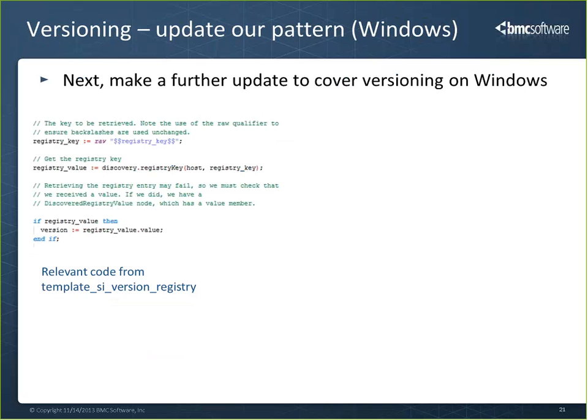Now, for version discovery on the Windows side, we'll look at the SI version registry template for guidance and add the relevant code to our pattern. So here's the relevant part of the template pattern that we want to use.